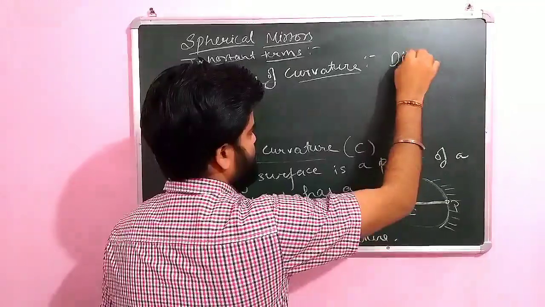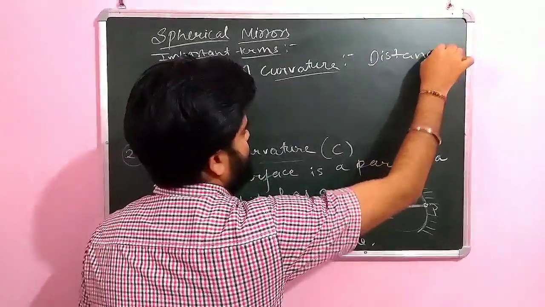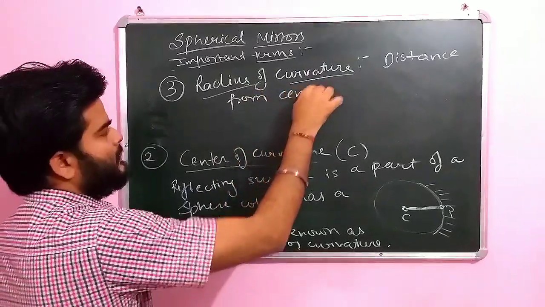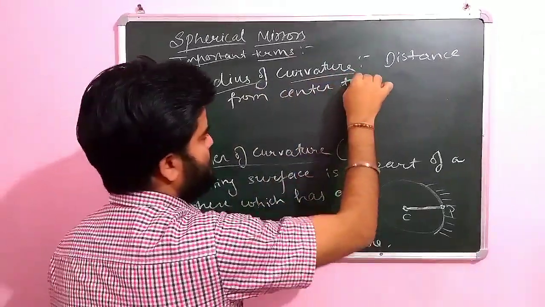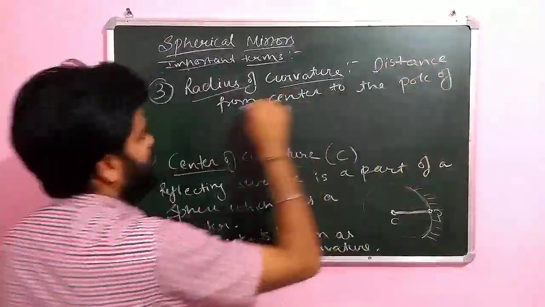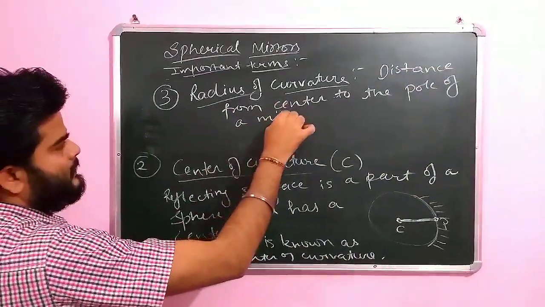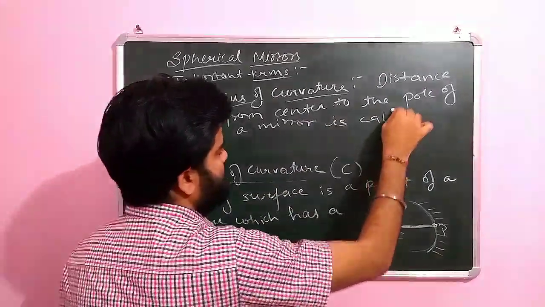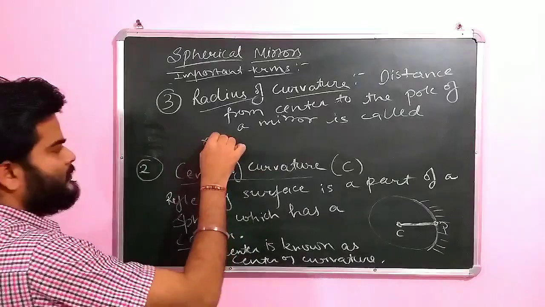It means the distance from center to the pole of a mirror is called radius of curvature.